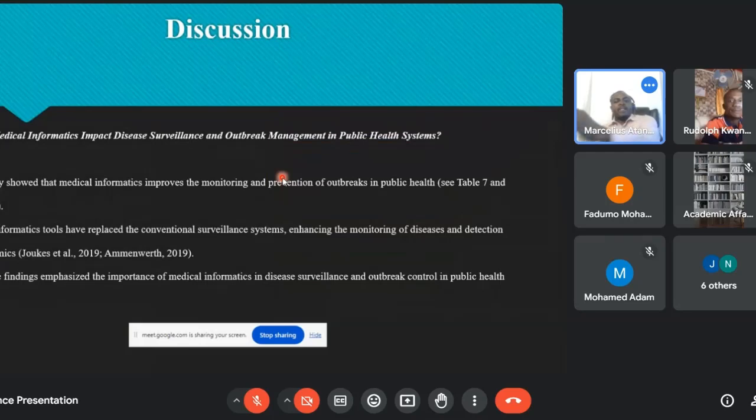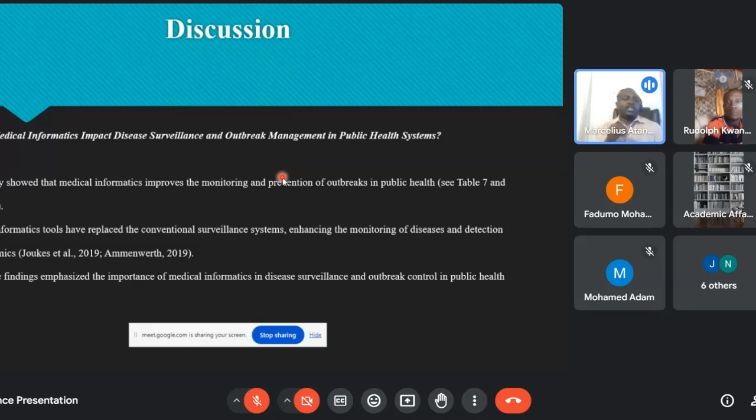Discussion. Based on all of this, we want to look at what we came up with for each of the questions that we had at the beginning. How does medical informatics impact disease surveillance and outbreak management in public health systems or setups?